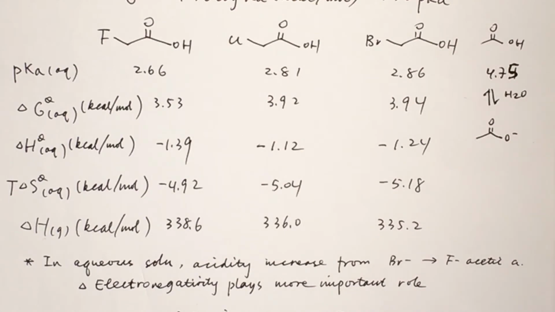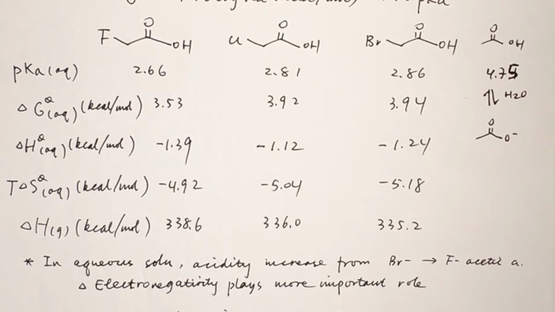Under those circumstances, the delta G is only related to delta H, and the delta H value essentially describes the strength of an acid.